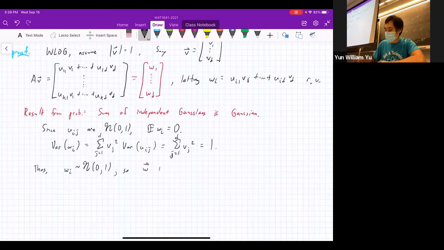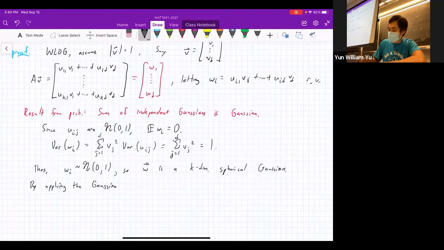So W is a k-dimensional spherical Gaussian. And therefore, by applying the Gaussian Annulus Theorem, we complete the proof.